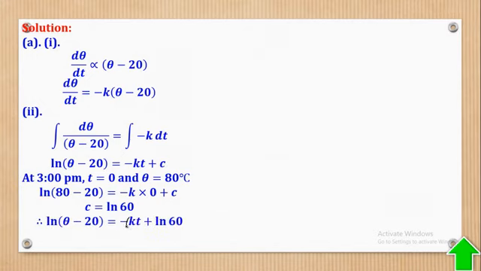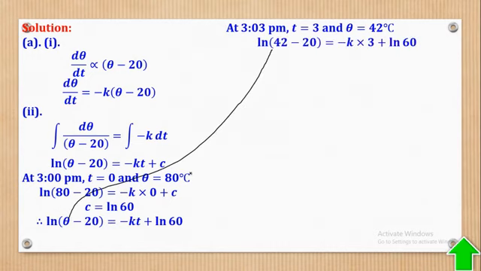So next is to get the value of k. To get the value of k, I'll need the second condition. The second condition said at 3:03, that is time equal to 3 minutes, the temperature was 42 degrees Celsius. So I'll substitute in this equation, for theta and also for t.